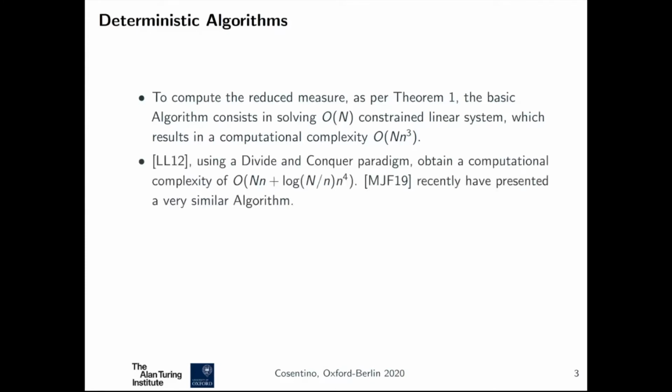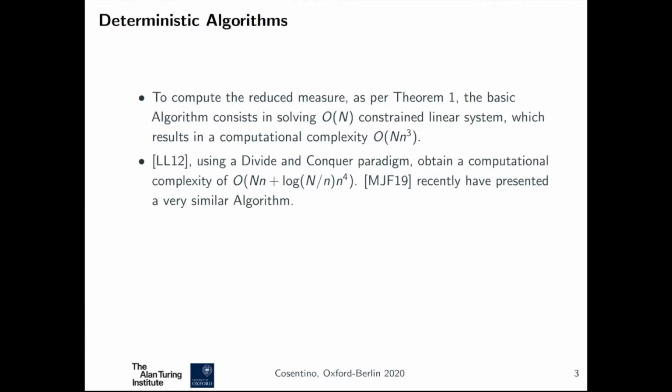But later Lyons and Litterer, in 2012, using a divide and conquer paradigm, also called hierarchical clustering, were able to reduce the complexity with a logarithmic factor in the number of points. Essentially the technique is to subdivide the points into subgroups, solve the recombination problem for the subgroups, and then continue this way.